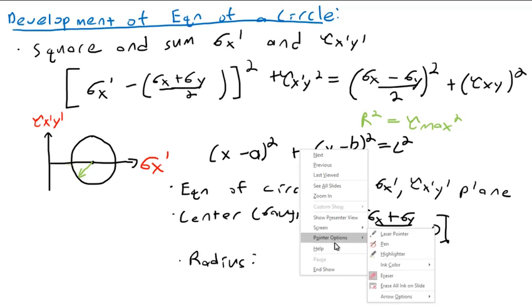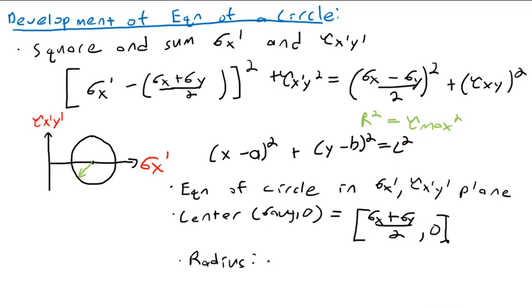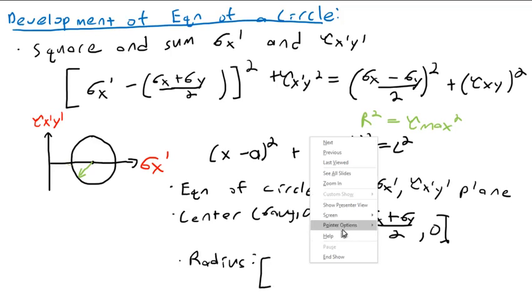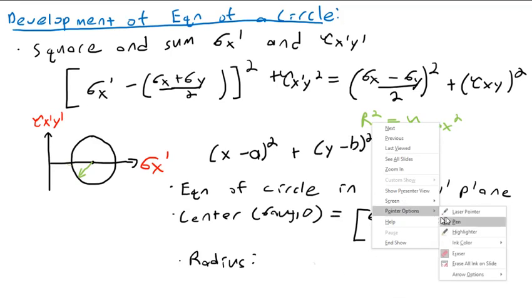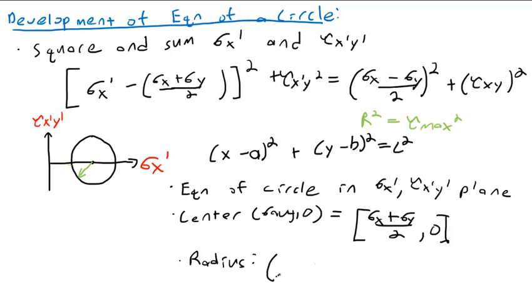The radius of this circle is going to be equal to tau max, which is the square root of sigma x minus sigma y over 2, quantity squared, plus tau xy squared, which is also equal to tau max.